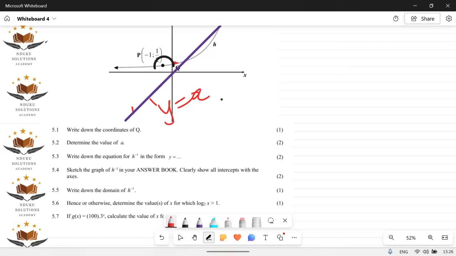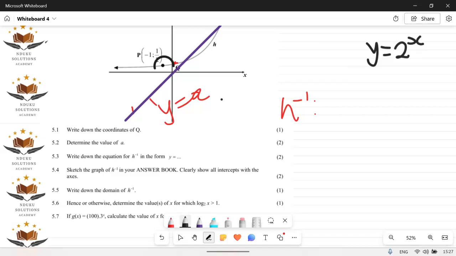So that equation, you find that equation will, in actual sense, be h inverse, and then let me just use the black pen. Remember your h of x was y is equal to 2 to the power of x.